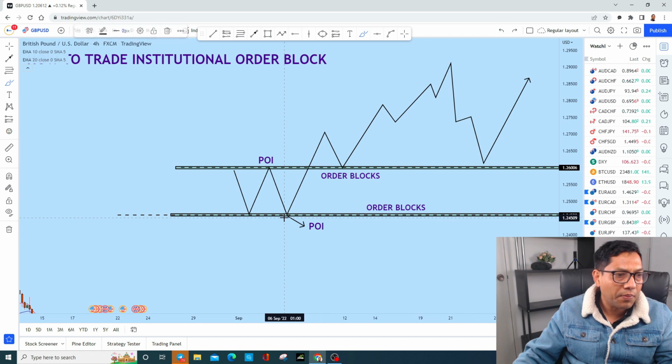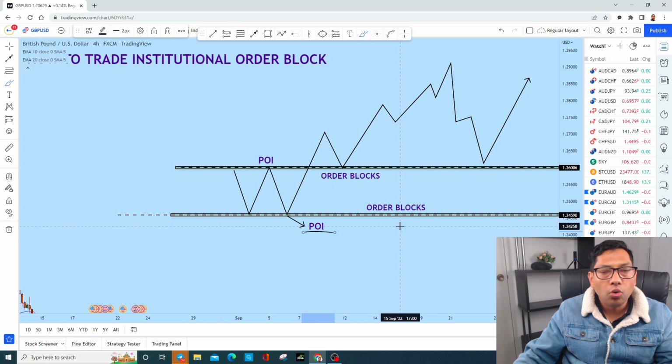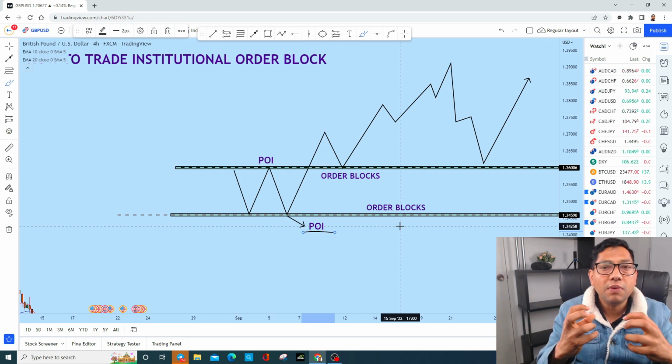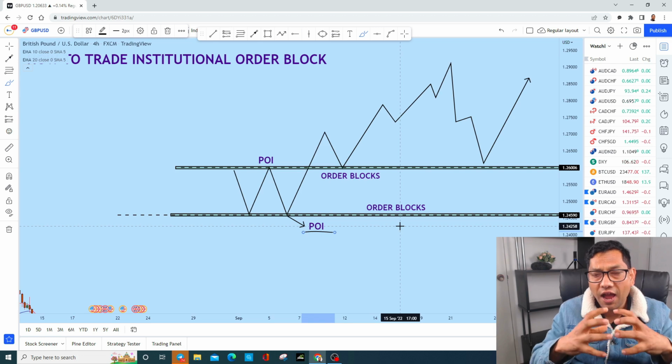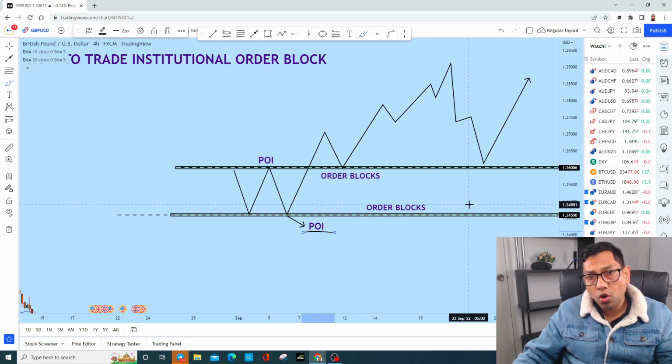So the price aggressively went up and broke this previous high. Those two points I call a POI, or point of interest, and that is where the maximum volume with a high probability comes in, and that is what we call an order block.